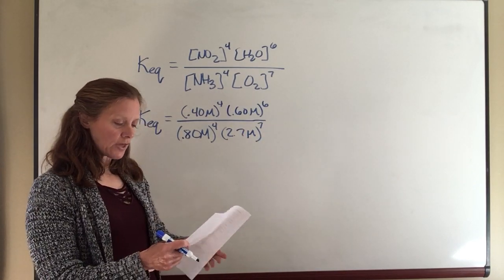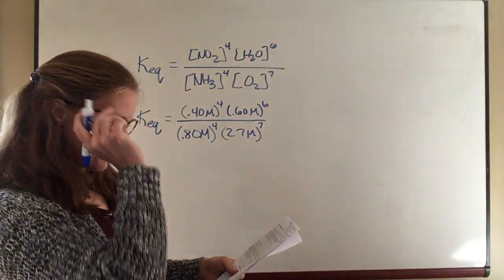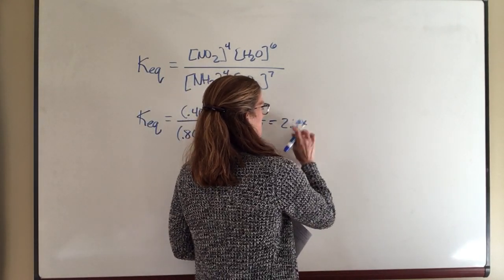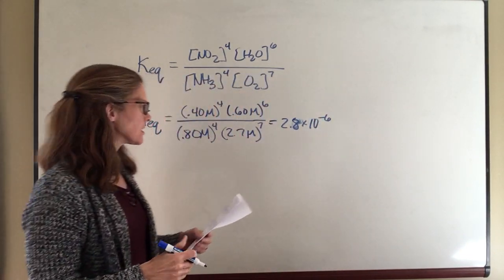And so if you do that correctly, what you should come up with is 2.8 times 10 to the minus 6th.